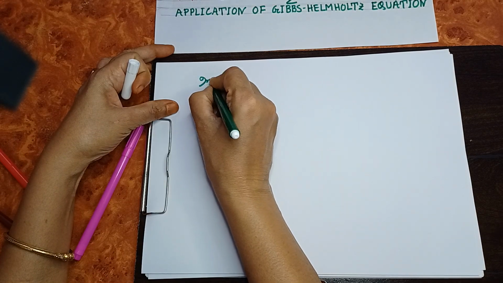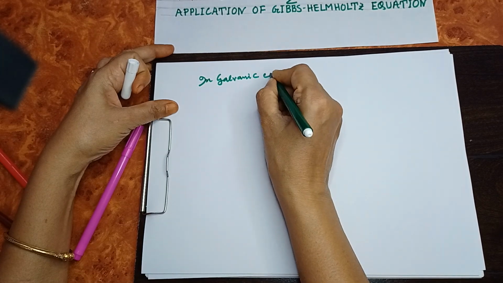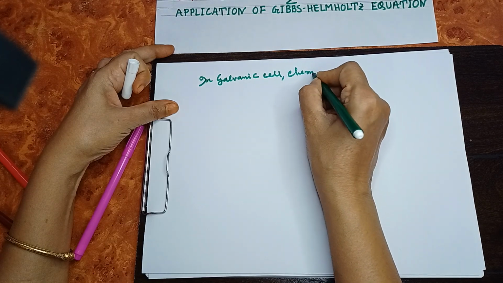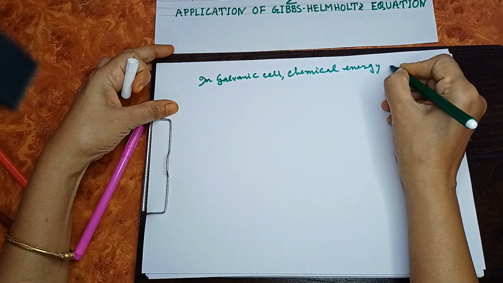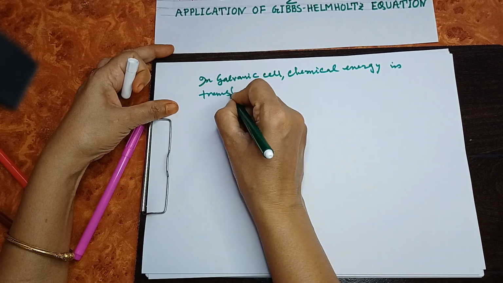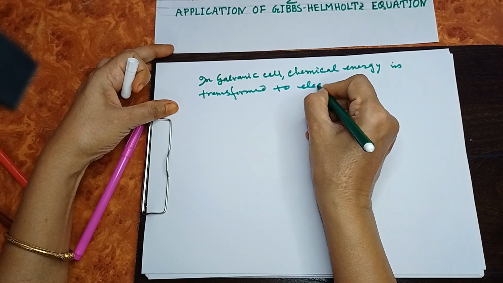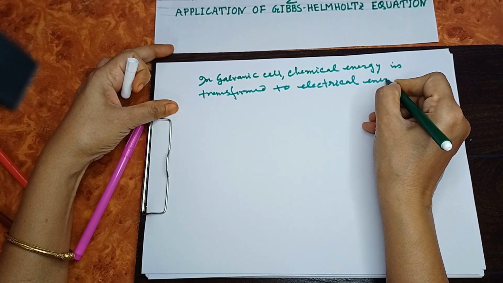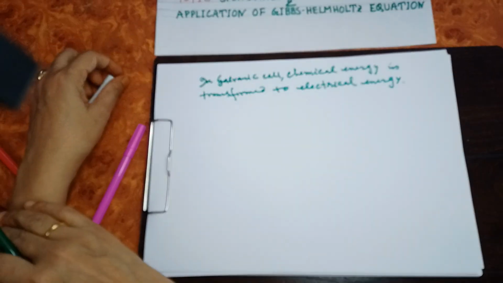So in a galvanic cell, what happens? In a galvanic cell, chemical energy is transformed to electrical energy. Electricity is generated from the chemical reaction.